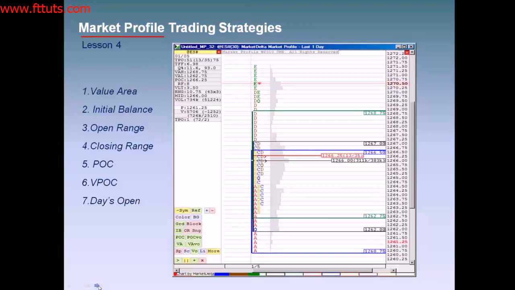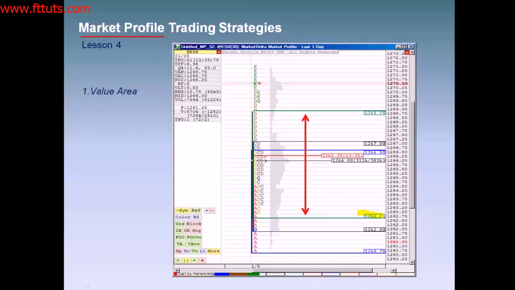If you can give me the bottom limit first. The bottom limit on our value area that we see is 1262.75, and the top limit is 1268.75.